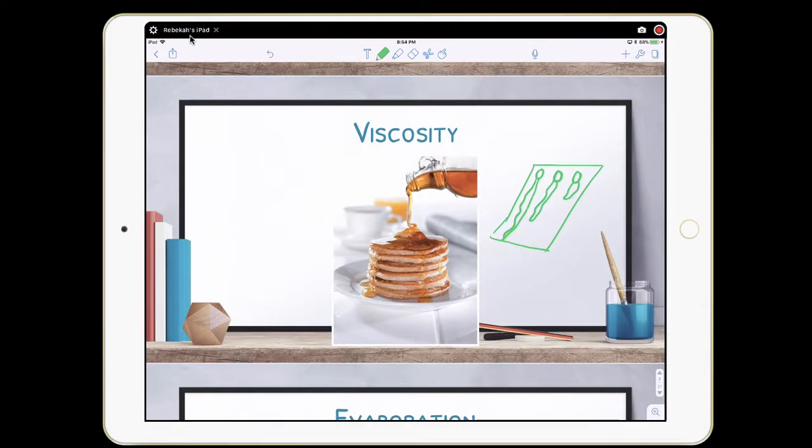If we put some oil on the pan, some syrup, some honey, how fast would they move? That's how viscous they are. If they're more viscous, they actually move slower. So honey is very viscous. It's kind of thick.